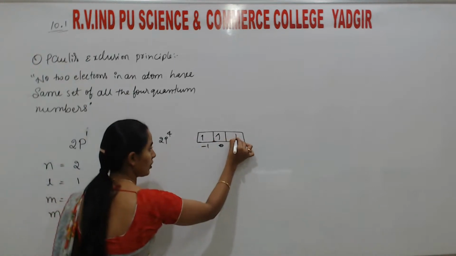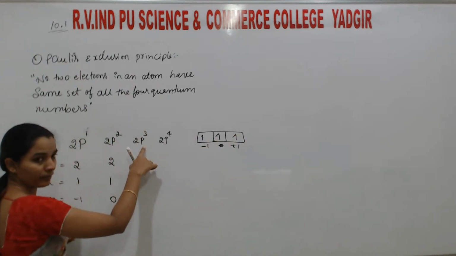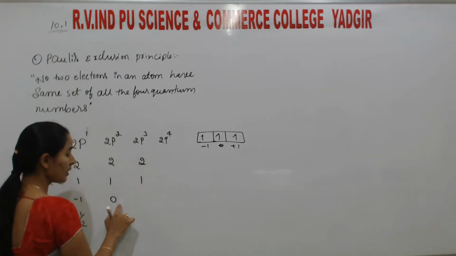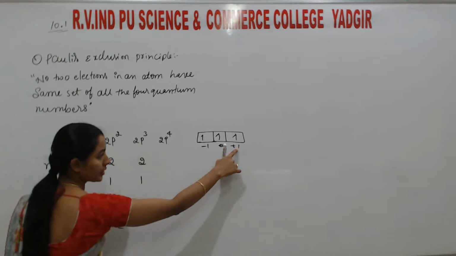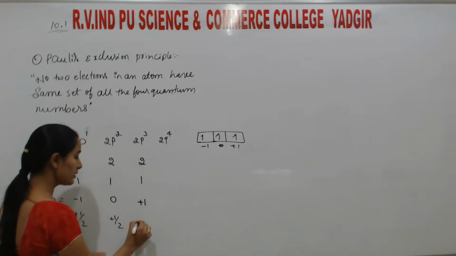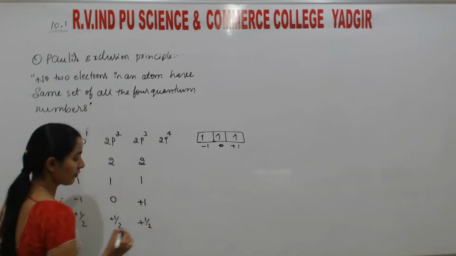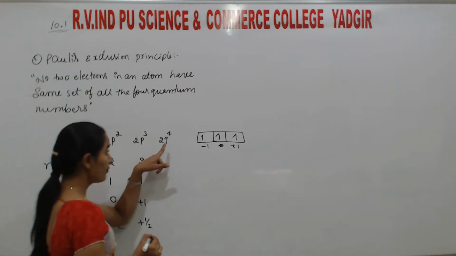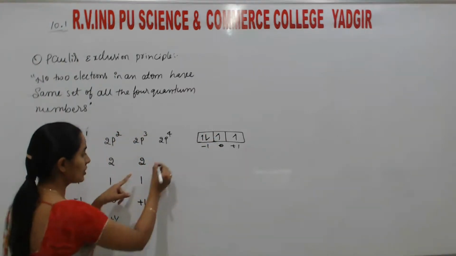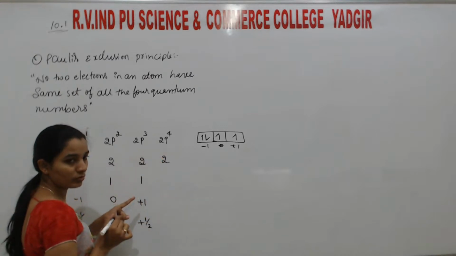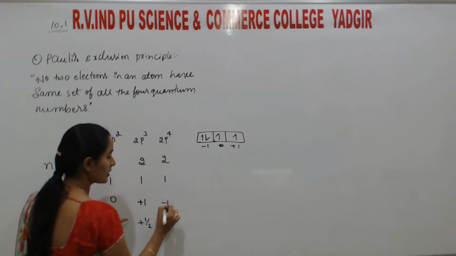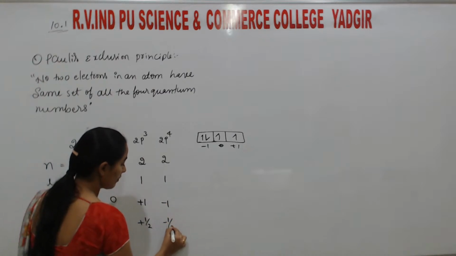For the third electron, 2p3, correct? n is the same, 2, l is also the same, but the magnetic quantum number is plus 1 for the third electron, and the spin is of course plus half. Next, the fourth electron is paired up. Here n is 2, for p orbital l is 1, m here is plus 1, and the spin is minus half.